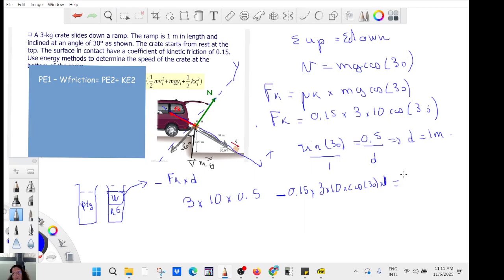That will be equal to the kinetic energy, 1/2 times 3 times v squared. So what's the equation? The gravitational potential energy that you begin with minus the work done by friction equals the kinetic energy at the end.